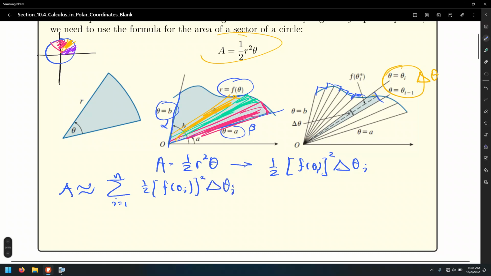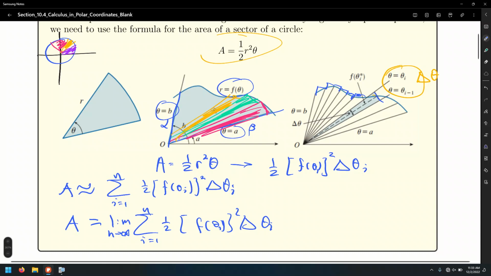Well, that's an approximation. How do we make it the exact value? We turn the approximately into an equal by, check this out, taking the limit as n approaches infinity and adding infinitely many of those areas.